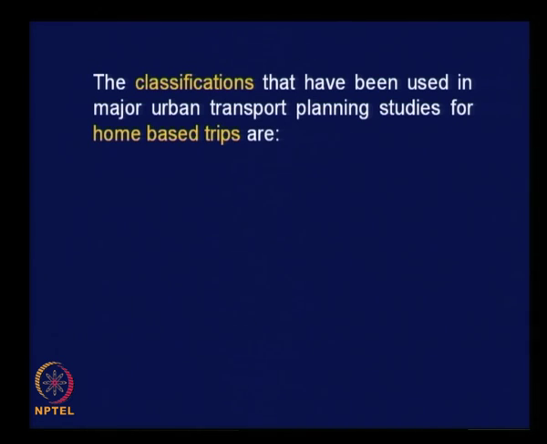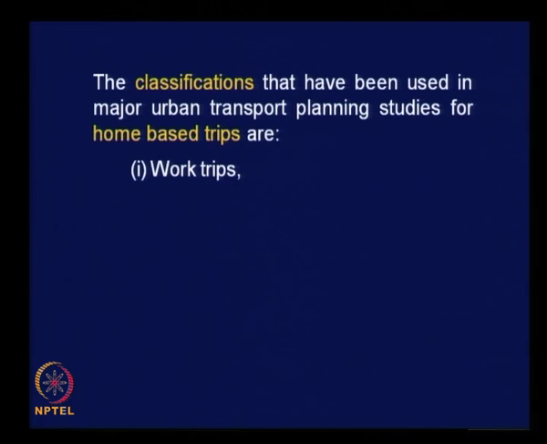What is the basis on which we will be able to classify home based trips? People make trips for different purposes. Obviously, we can classify home based trips based on the purpose for which trips are made.